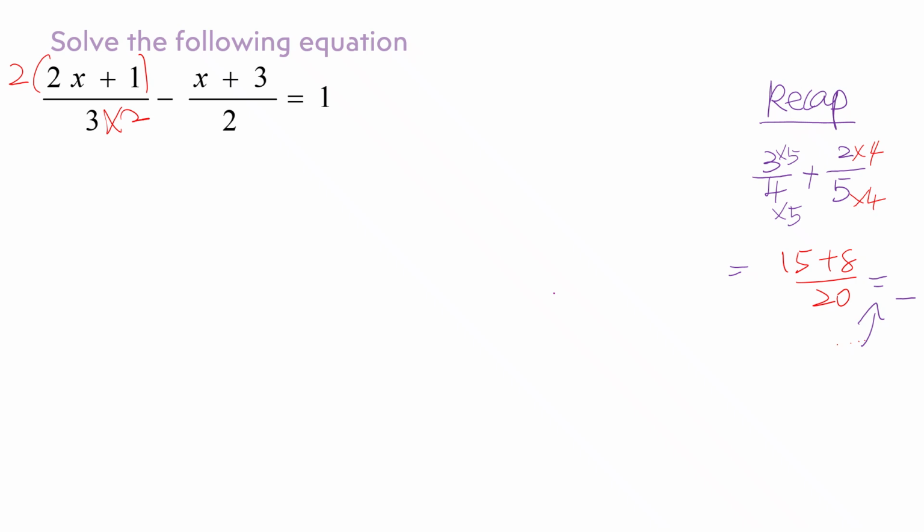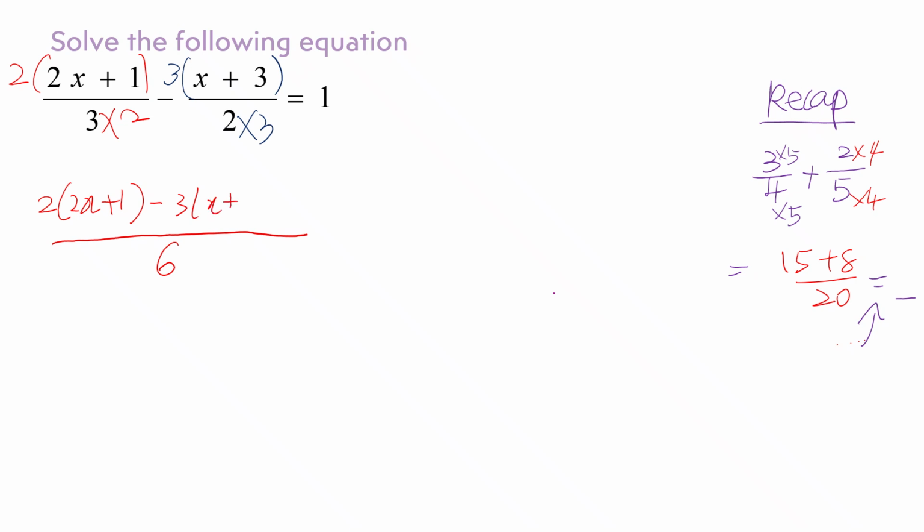This one here, multiply by 3, bracket it, put the 3 in front. It's very important to do it properly in this manner, otherwise you won't get the answer. So this will be 2 bracket 2x plus 1 minus 3 bracket x plus 3 over 6 equals 1.